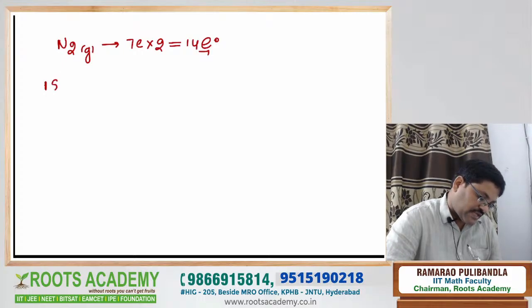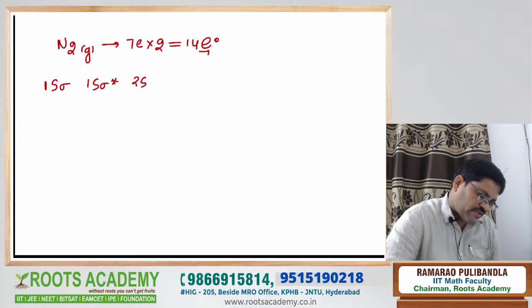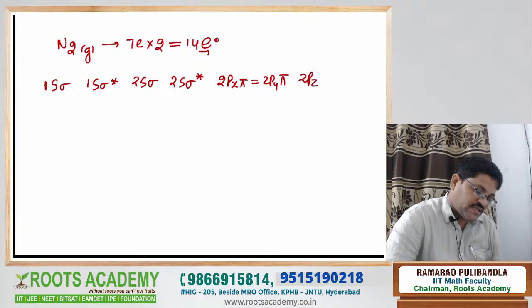The sequence you write is: 1s sigma, 1s sigma star, 2s sigma, 2s sigma star. Now you write 2px pi equal to 2py pi, and 2pz sigma. Next you write 2px pi star equal to 2py pi star, and 2pz sigma star, like that.